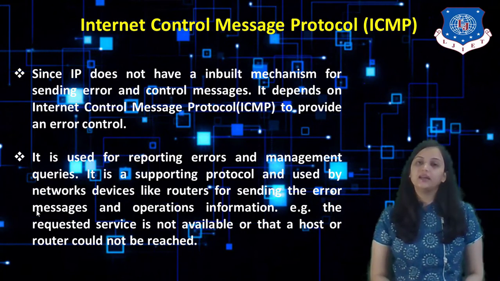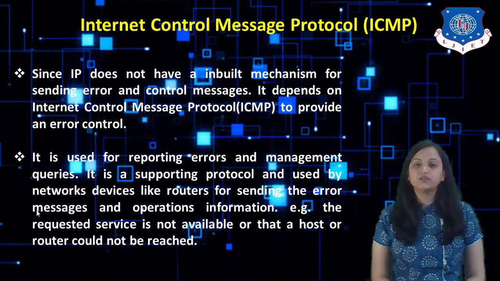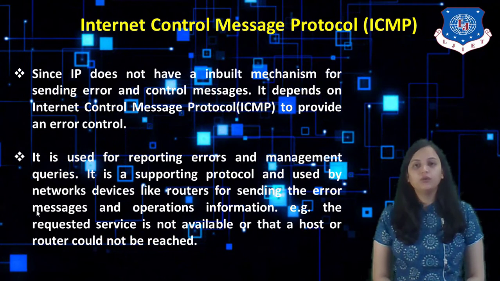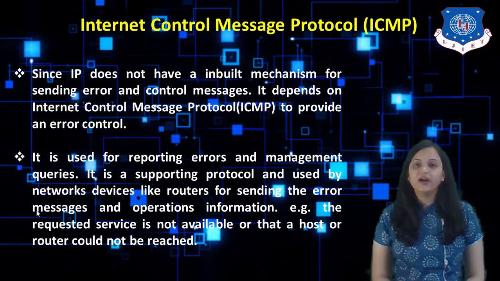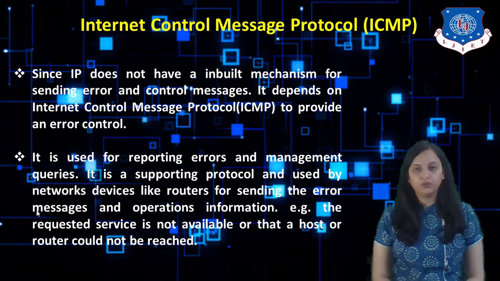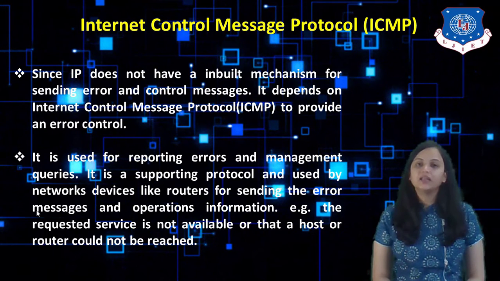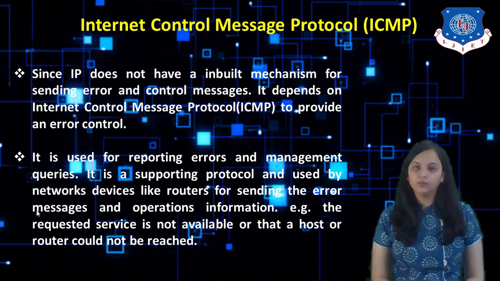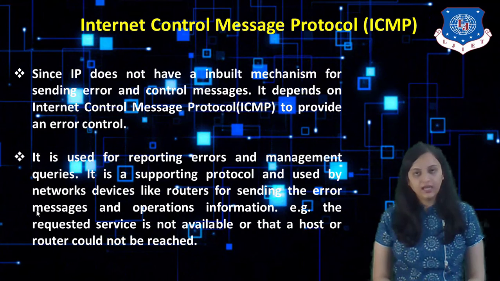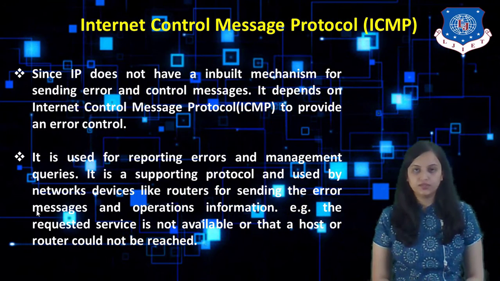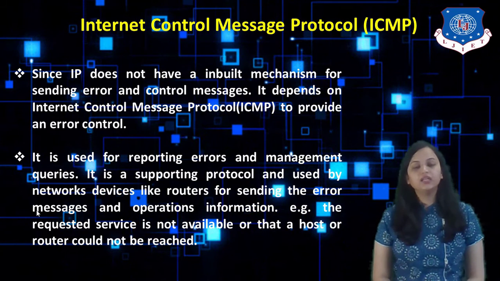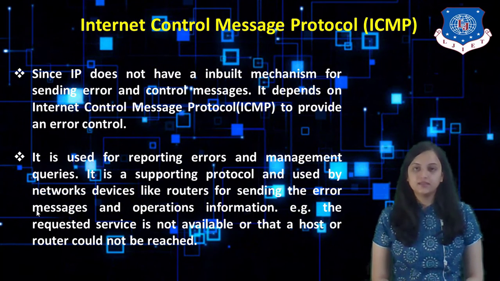So whenever any error or worst case scenario happens, Internet Control Message Protocol is used to detect or identify the errors in the network. So these are the basic protocols at network layer. We have seen ARP, RARP roles and ICMP and IGMP protocol roles. So here the unit network layer ends.